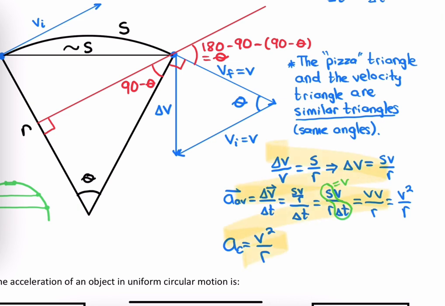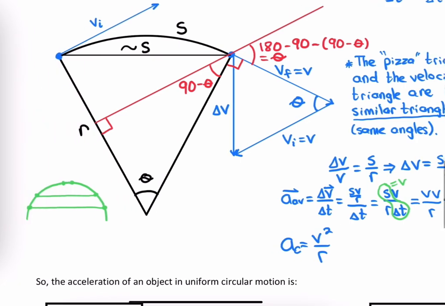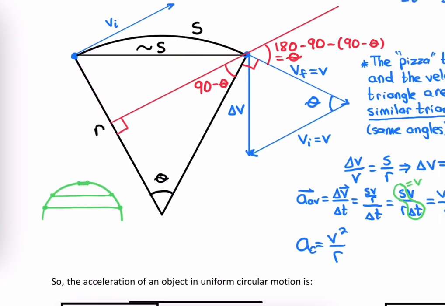Theta doesn't even appear in here, let alone the final answer. So because my final result doesn't depend on theta, I could pick theta to be anything I wanted. And if I pick it to be something really small, it's fair to say that S and delta S are essentially the same.